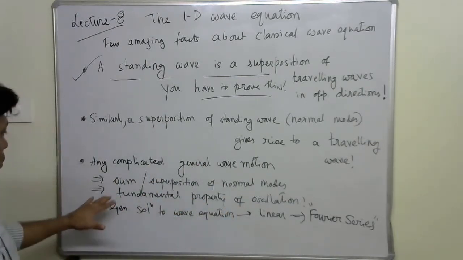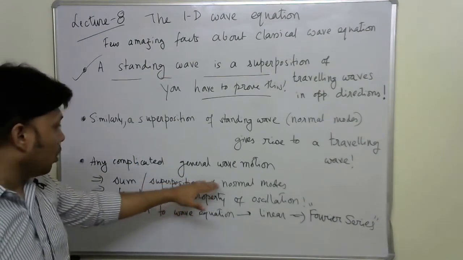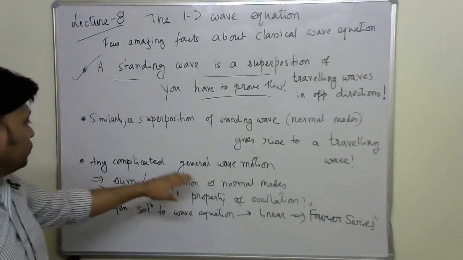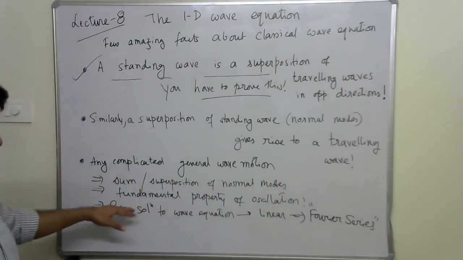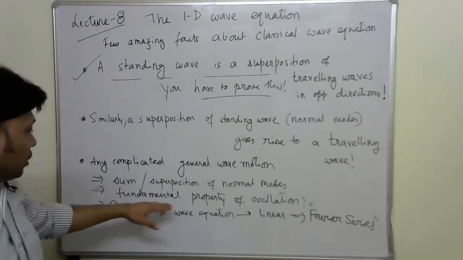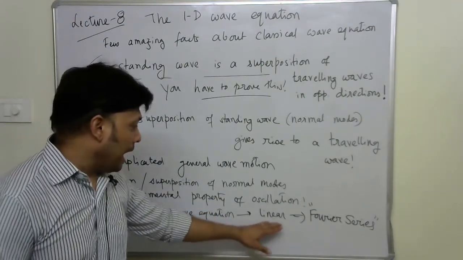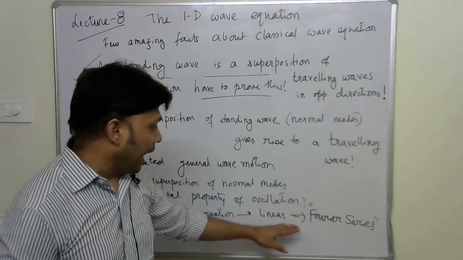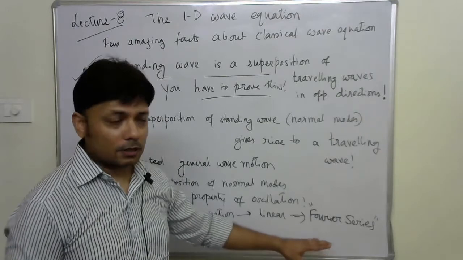And the last point is the general solution to that kind of wave equation. What kind of wave equation? A wave equation where the sum or superposition of normal modes can give another solution. So the general solution to the wave equation becomes linear in nature, and that kind of equation can be expressed in terms of a Fourier series. All right.